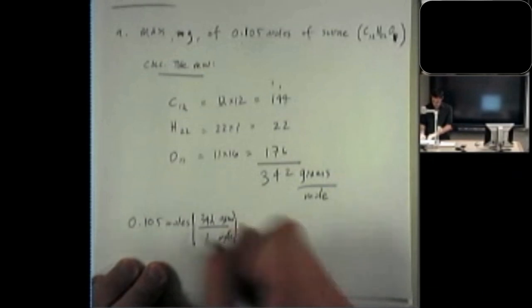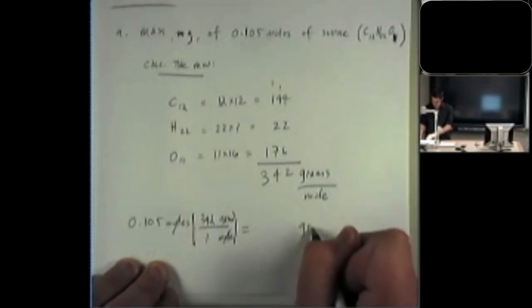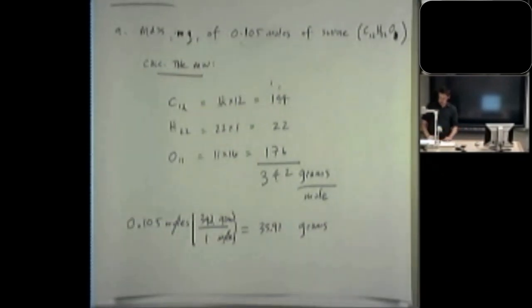The moles cancel each other out. I times that through, and that tells me how many grams of sucrose I have. So 35.91 grams of sucrose.